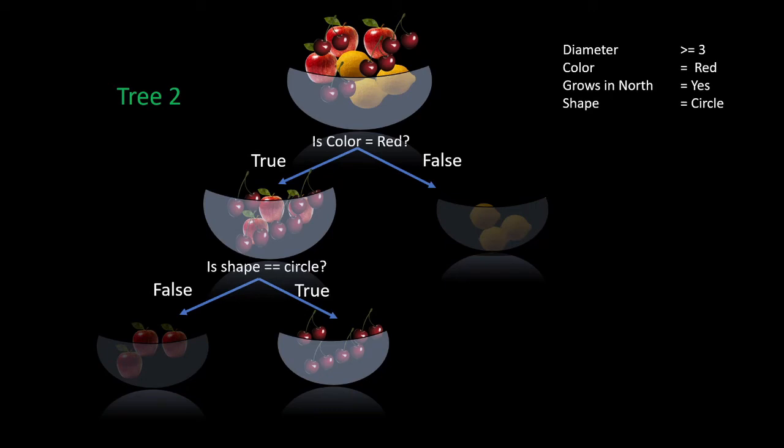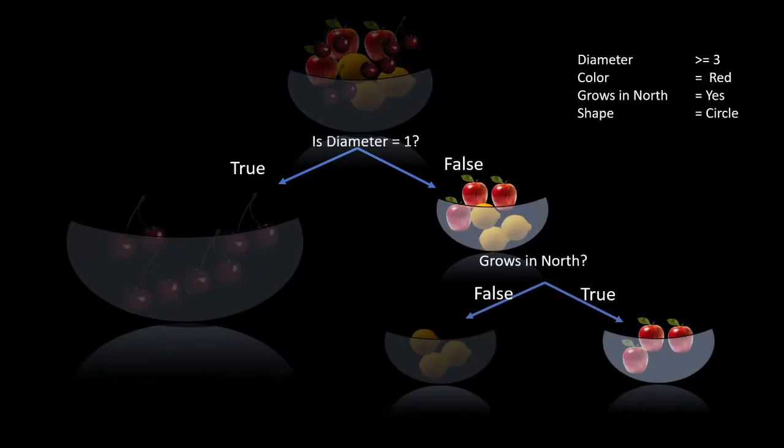By the time we filter it down and we're looking ultimately at the lowest leaf node for the lowest true result, we can see that tree 2 predicts this to be an actual cherry. And so when we go again, we look through all of our conditions and filter down, looking for the lowest level true. You can see here for tree 3 that it does in fact predict that we've got an apple.